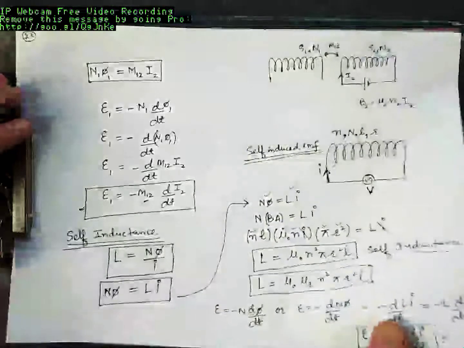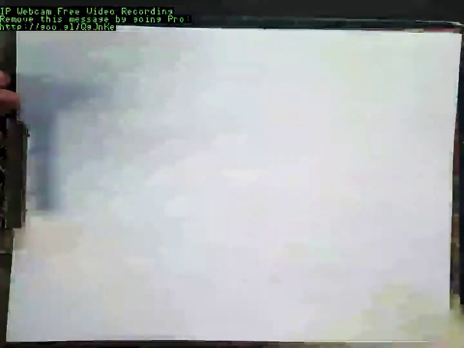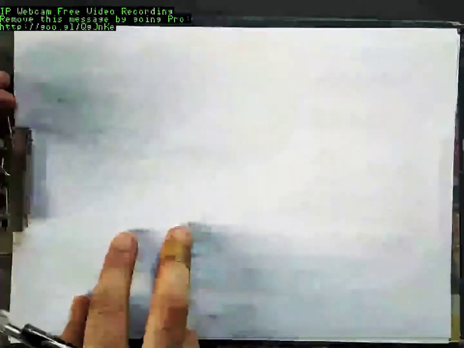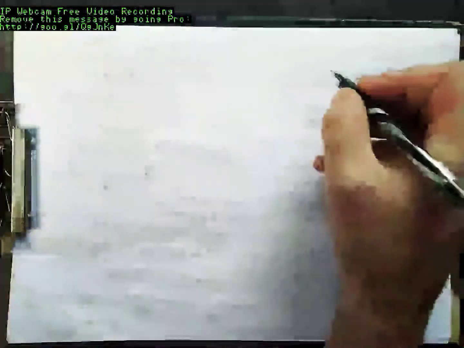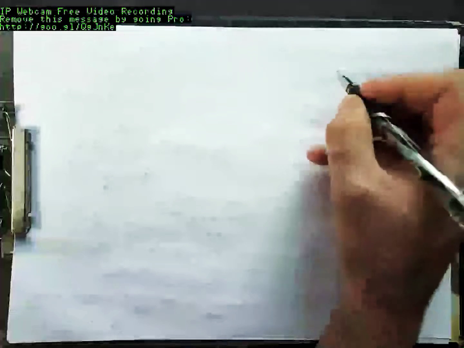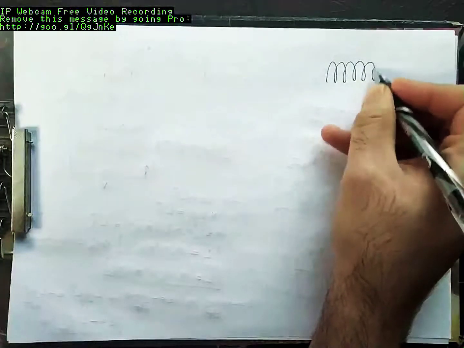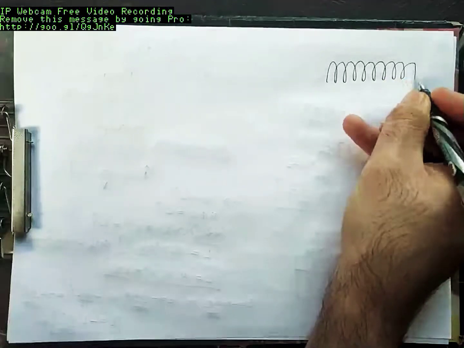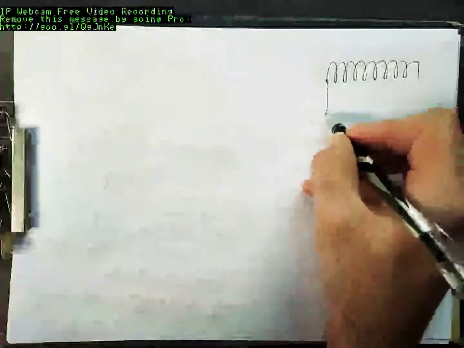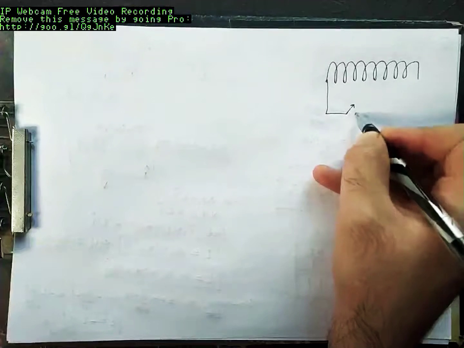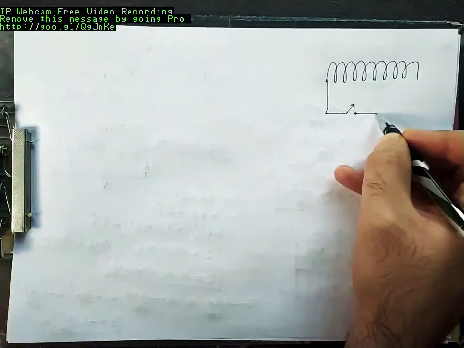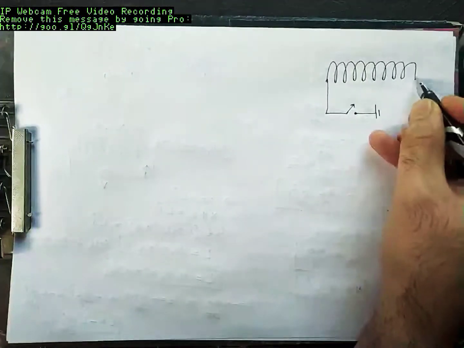Now let me explain one last thing over here. Suppose you have a solenoid over here, we have a switch over here, and I have a voltage source over here.